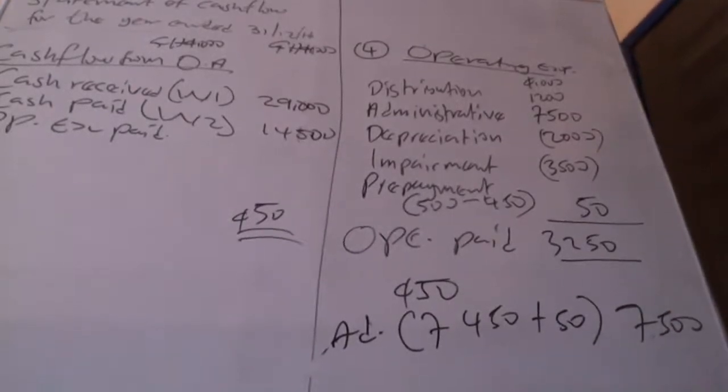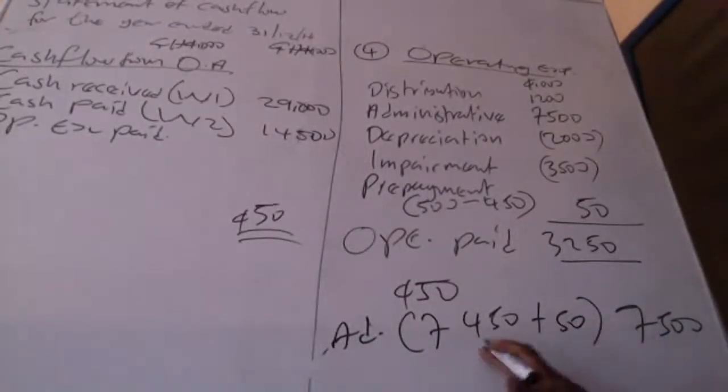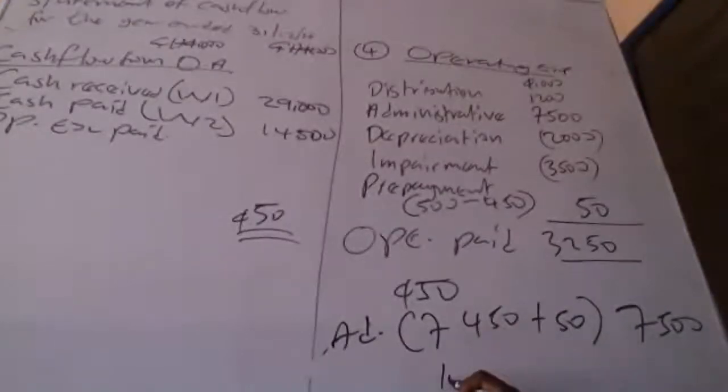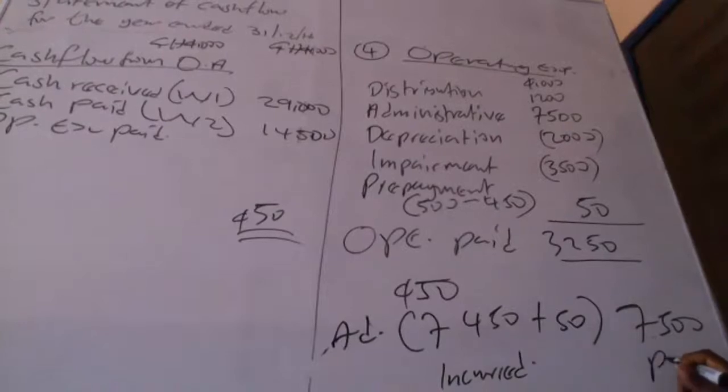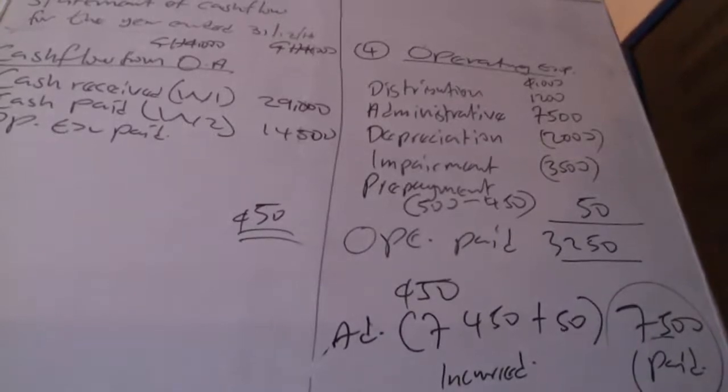That is it. Because we subtracted the 50 from this and then we had this. So this is what they have incurred. But this is what they have paid. We want paid. For cash flow, we want paid. Good. So that is it.